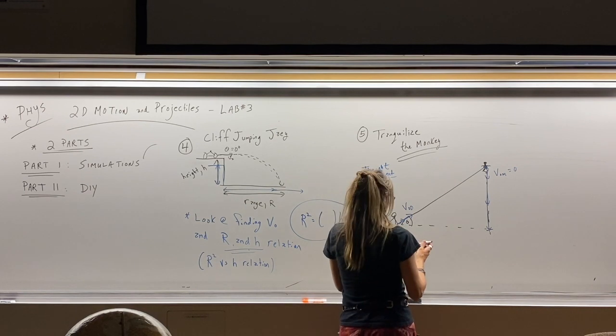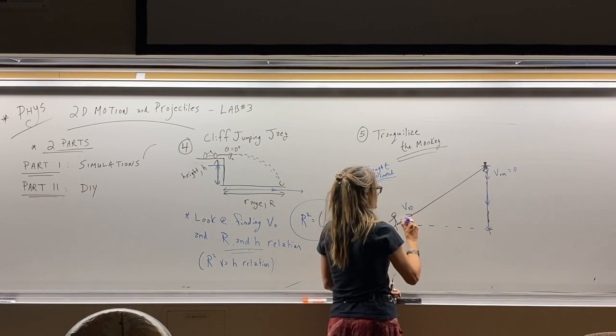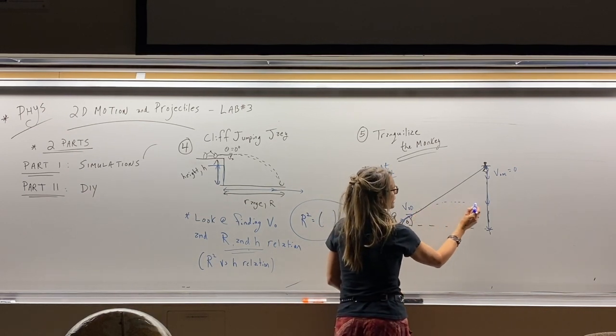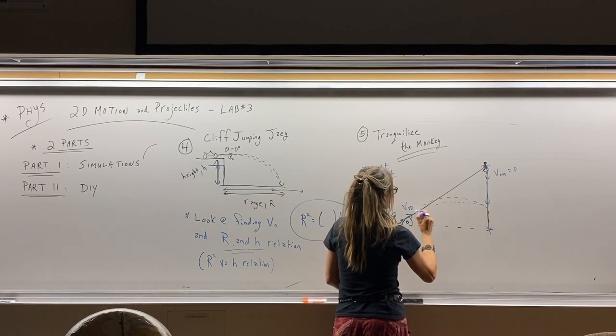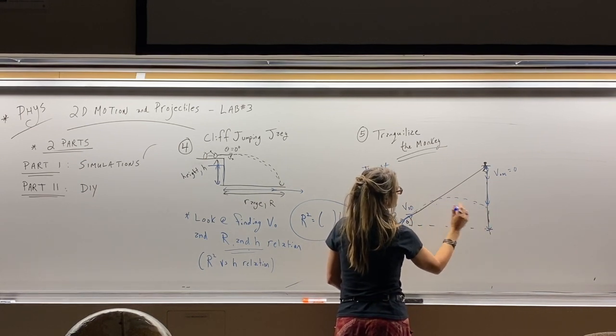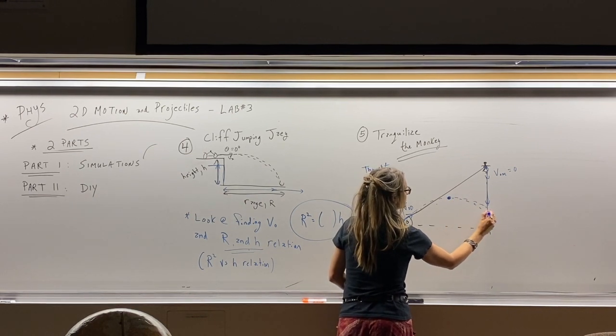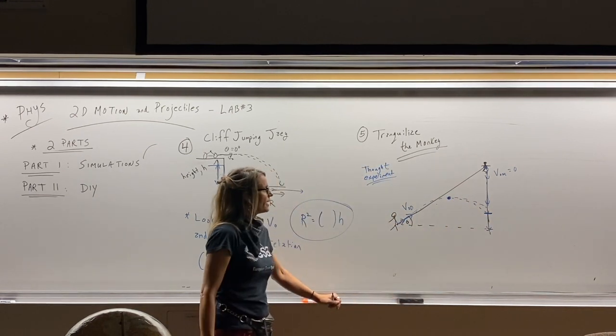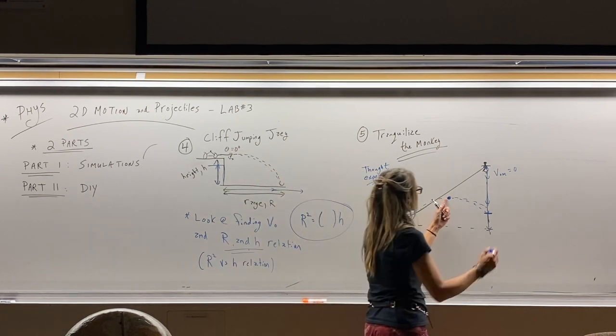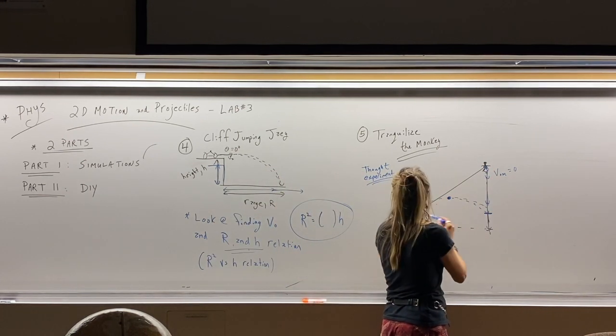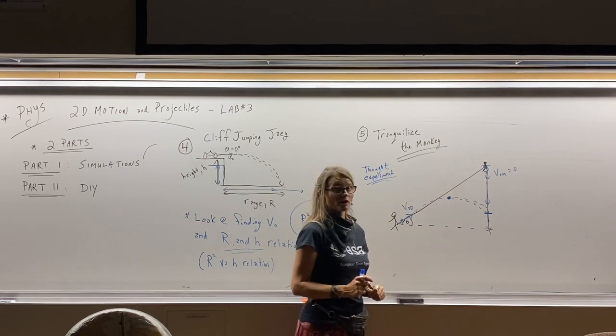What we know is that once the ranger fires a dart, it's going to follow a projectile motion path like this. It'll reach a maximum height, and then it'll come back down right here. And the monkey will be dropping at the same time the dart will be dropping.